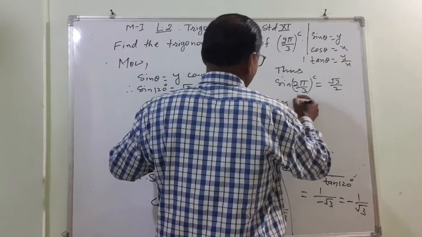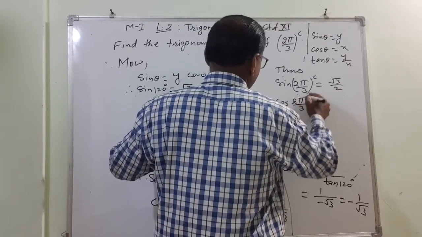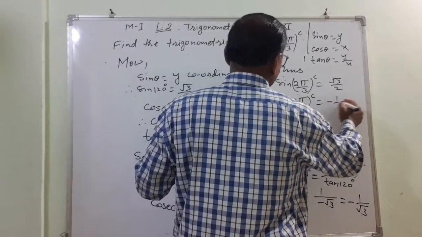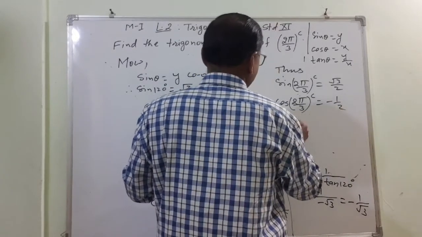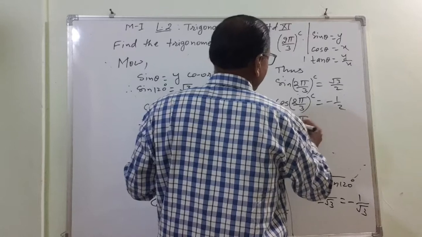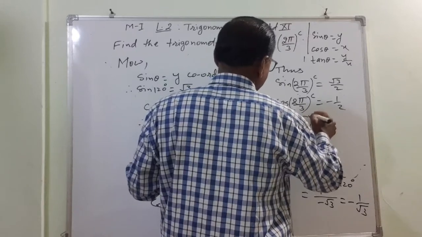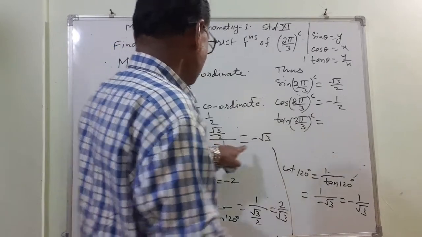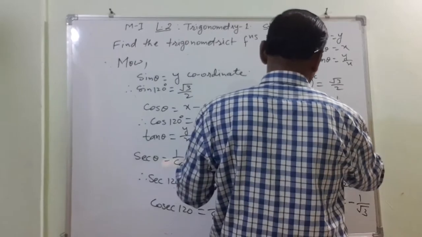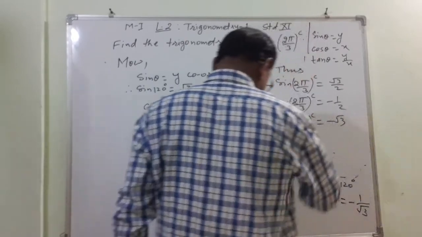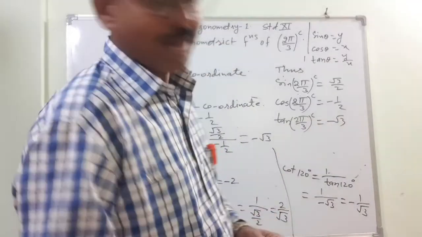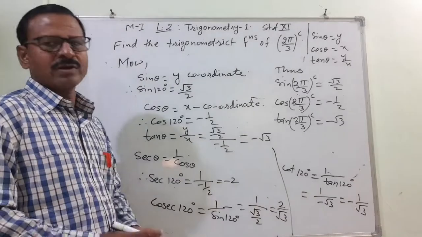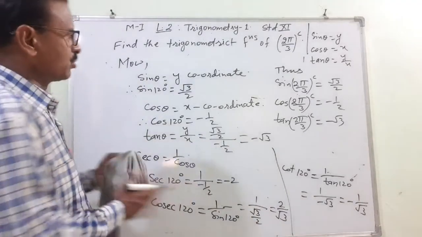Cos 2 pi by 3 radian is equal to minus 1 upon 2. Tan 2 pi by 3 radians is equal to minus root 3. Similarly, write the remaining answers. Okay, hope you have understood this.